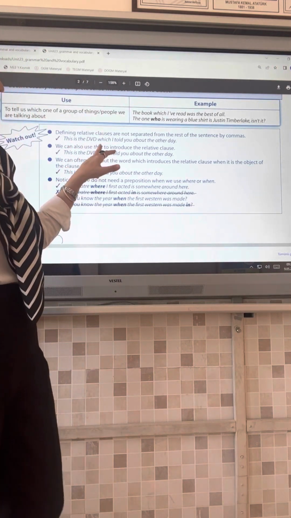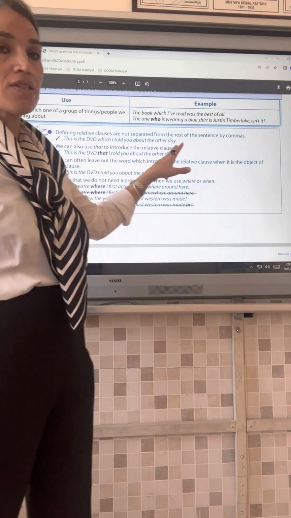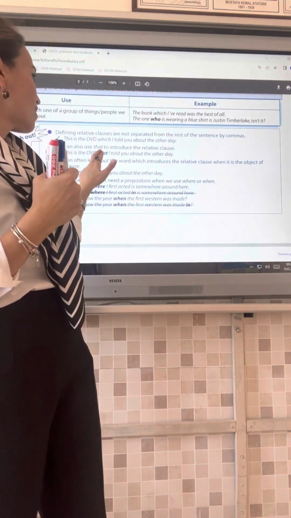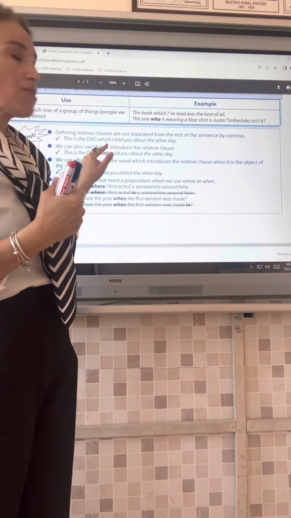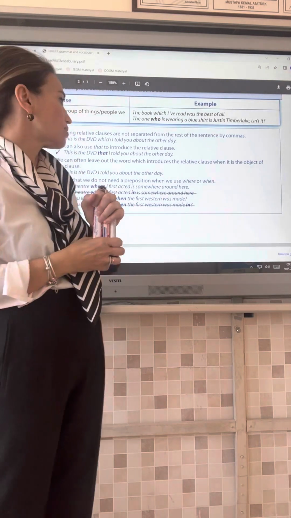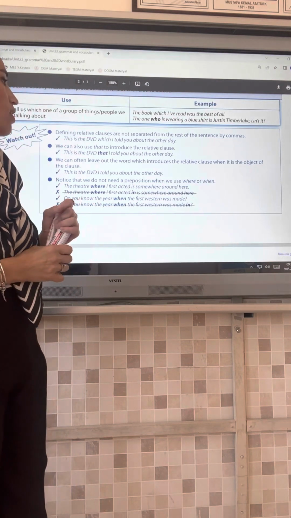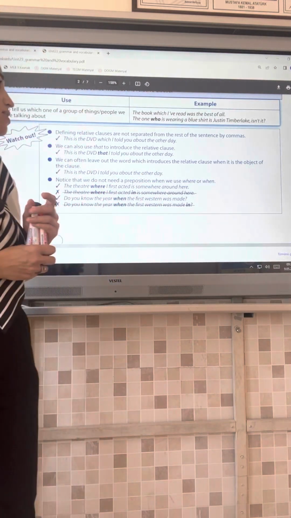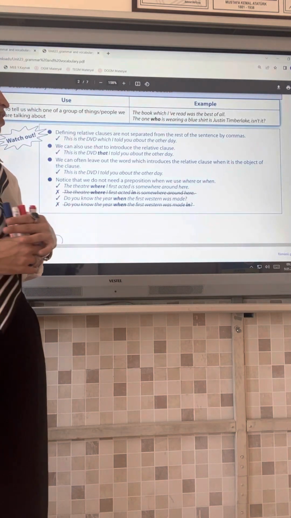And we can also use that to introduce the relative clause. So instead of who, which, we can use that in our relative clause sentences. This is the DVD that I told you about the other day. We can often leave out the word which introduces the relative clause when it is the object of the clause.